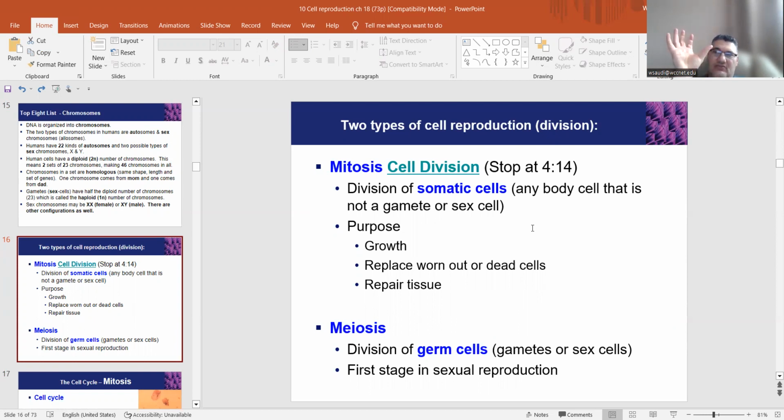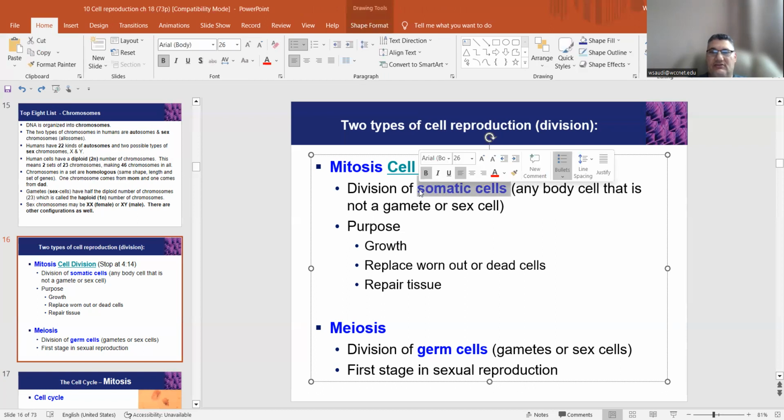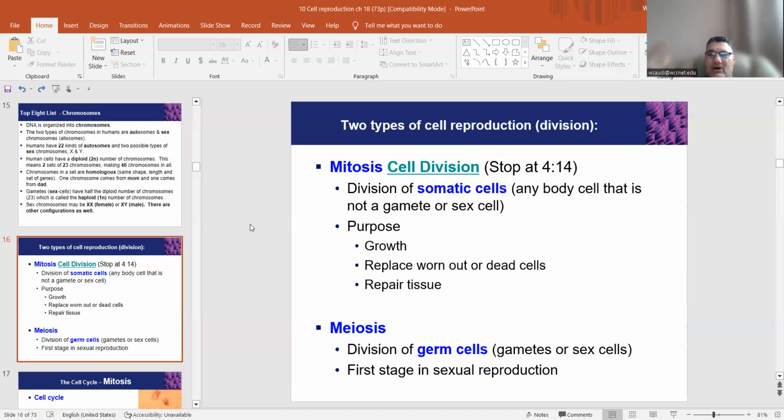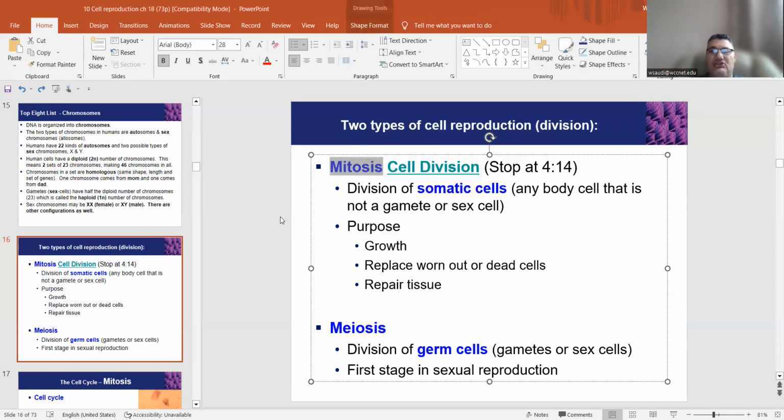So 1 gives you 2, then 4, 8, 16, 32, and so on. This is in the somatic cells, body cells, all cells, you name it, except germ or sex cells, which we also call gametes. And this type of division is called mitosis.